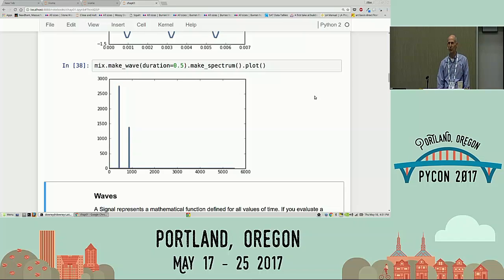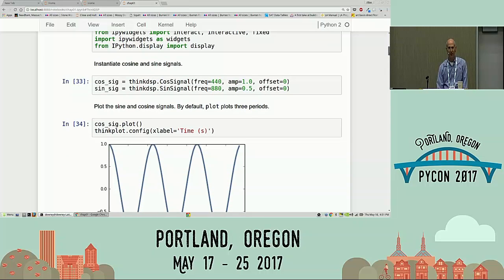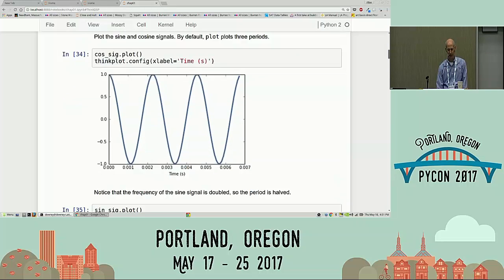It's basically 2 spikes. Each of those spikes represents 1 frequency component. The height of that spike represents the amplitude of that component, which is like the loudness. So if you remember what we created, there are 2 parts at 440 and 880 hertz. And one of them is twice as loud as the other.